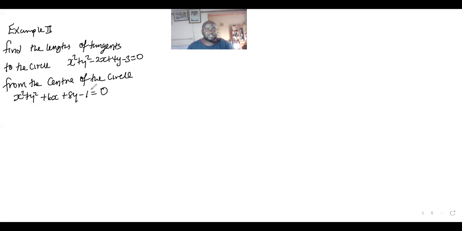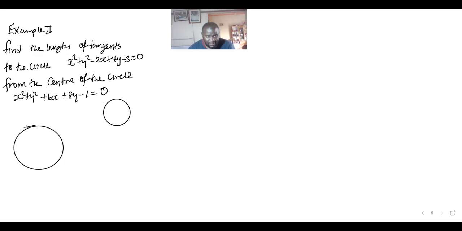Very interesting question. You are finding the length of the tangent to the circle, that one, but from where? From the center of another circle. So those of us who want to see, the sketch looks like this. Now check this out.